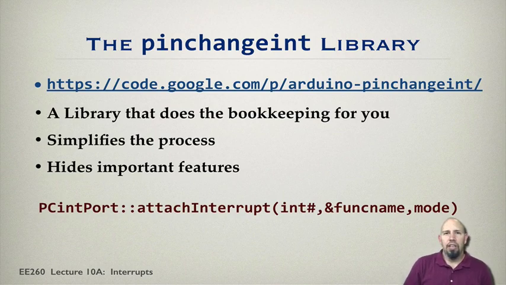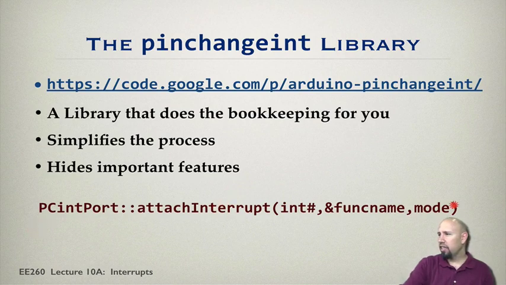It turns out that pin change interrupts are confusing enough for most people that they've actually created the PinChangeInt library, and you can find it at this site. It's a library that does the bookkeeping for you. It simplifies the process, but in the process also hides some important features.